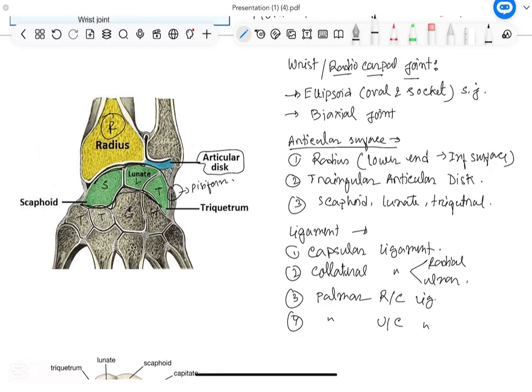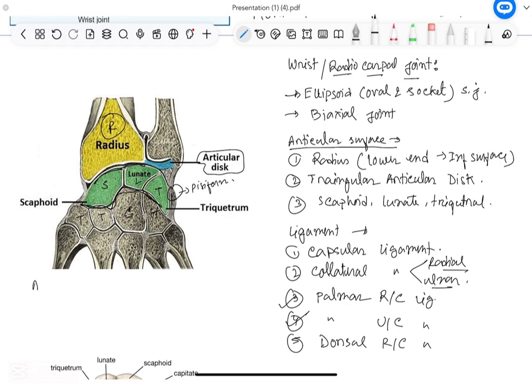And the ulnar collateral ligament, already mentioned, radial and ulnar collateral ligament. And lastly there is the dorsal radiocarpal ligament. So in the palmar there are 2: the palmar radiocarpal ligament and the palmar ulnocarpal ligament. In the dorsal there is one, the dorsal radiocarpal ligament.